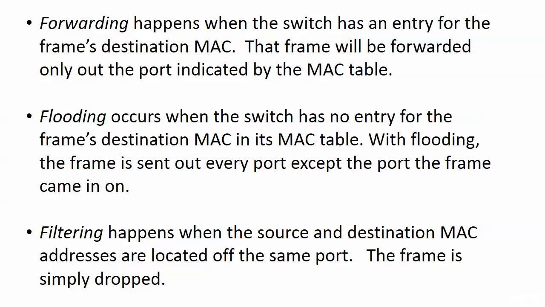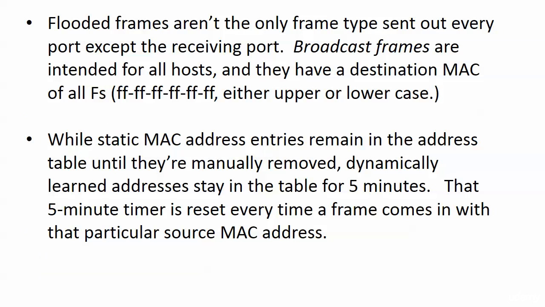We don't get to say many nevers in networking. You've probably already caught on to that, but if you're new to it, there always seems to be an exception to the rules we have, but there is no exception to that. Frames are not going to go back out that same port. If a frame comes in a port, a copy is not going to be sent back out. Finally, filtering, we saw that it's when the source and destination MACs are located off the same port, and the frame is simply going to be dropped.